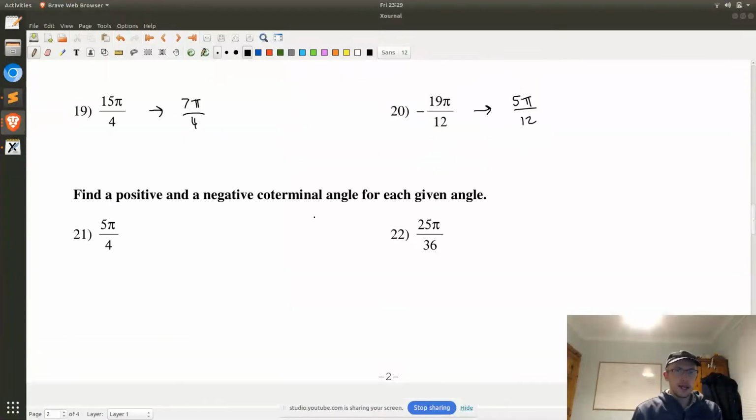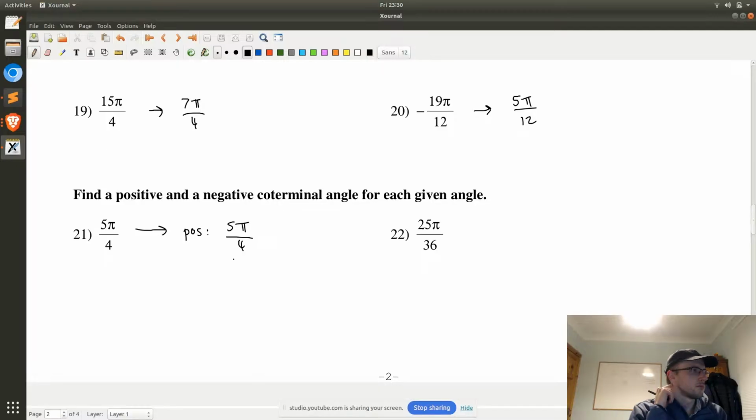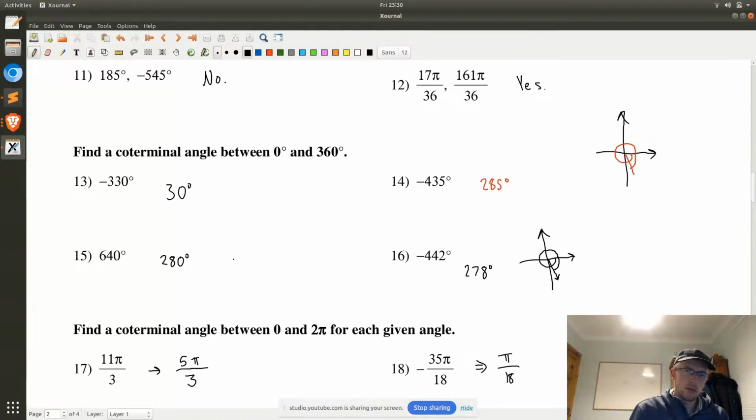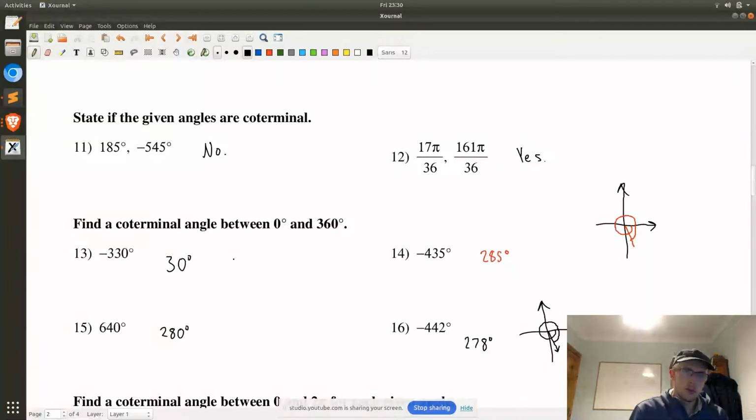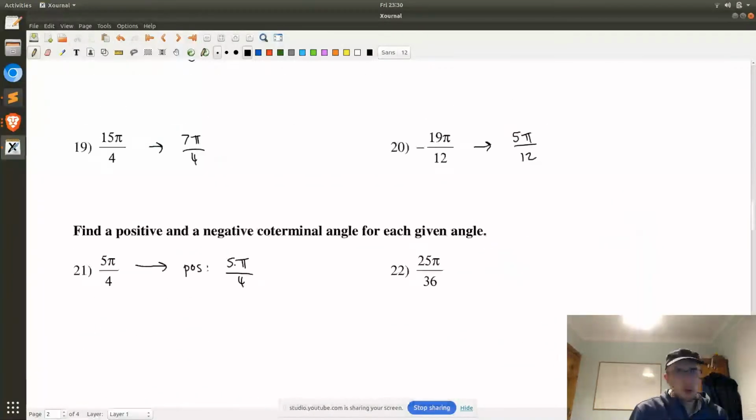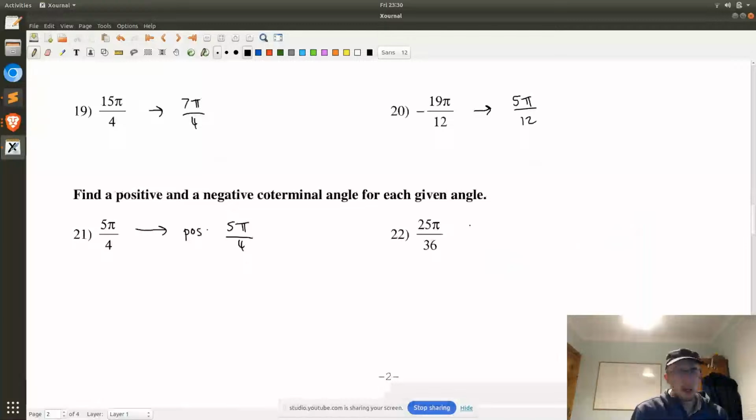Find a positive and negative coterminal angle for each given angle. I mean, isn't the positive itself?